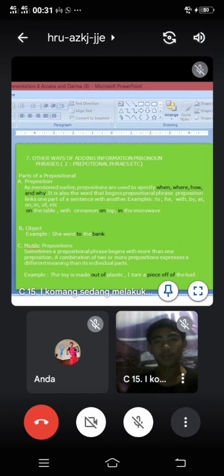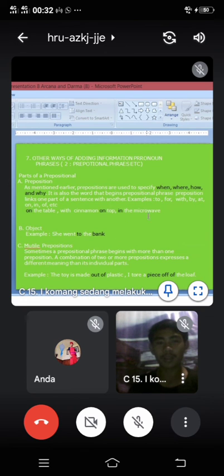Other ways of ending information in a noun phrase: prepositional phrases, part of a prepositional phrase. Prepositions, as mentioned earlier, are used to specify when, where, how, and why.